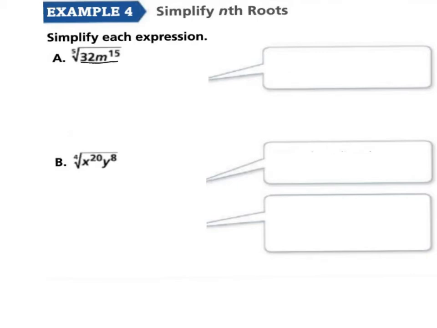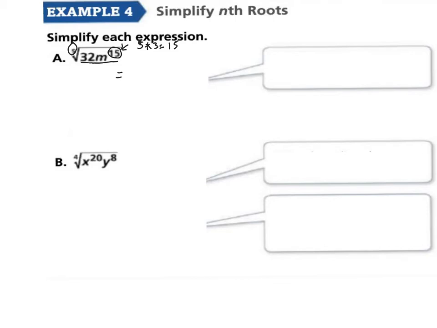Well, we're taking the fifth root, so what number times 5 will give us this 15? Well, 5 times 3 will give us 15. So we want to rewrite the radicand with an expression to the fifth power. The reason is because we're taking the fifth root. If we have something to the fifth power, we can take it out. So every 5 pieces we can technically take out is what I'm trying to say.